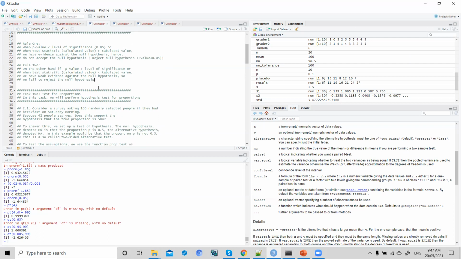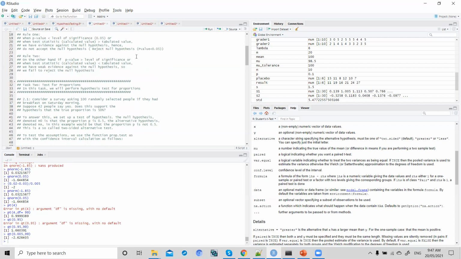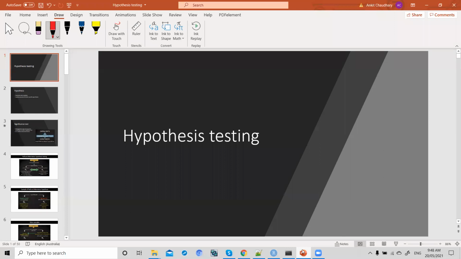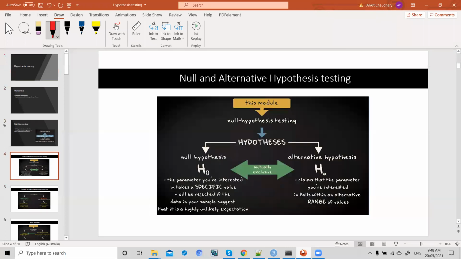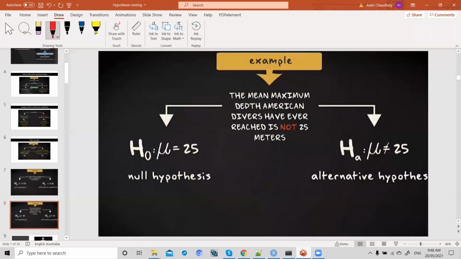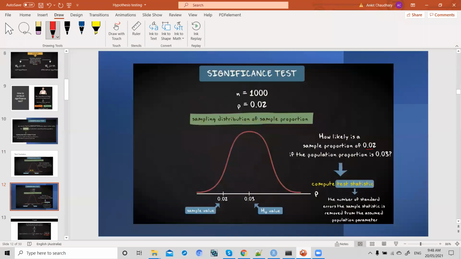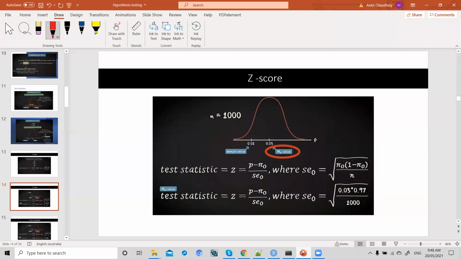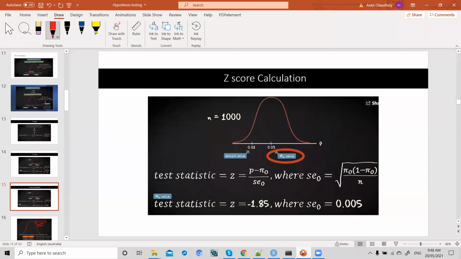So these two rules we should always keep in our mind. One way is this. Another way is through the test statistic. For example, after computing the test statistic, we got a Z score of minus 1.85.